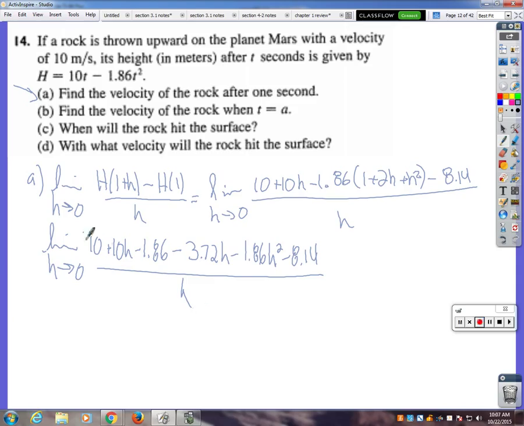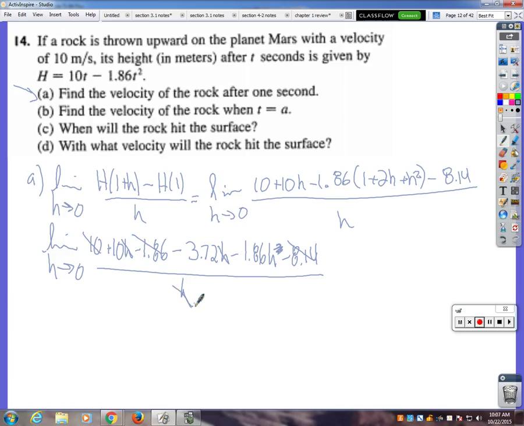I'm canceling. The 10s cancel with the negative 1.86 and the negative 8.14. If it doesn't, then you did something wrong. Okay? I'm not going to factor out an h because I don't want to rewrite that step. I'm just going to cancel this h with one of those h's.